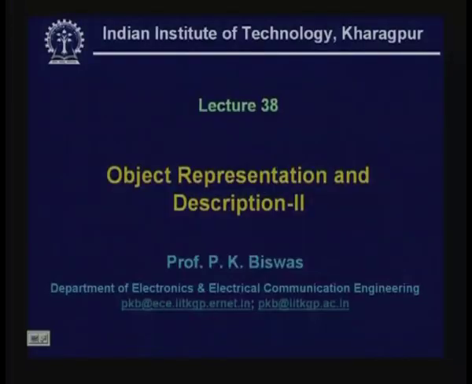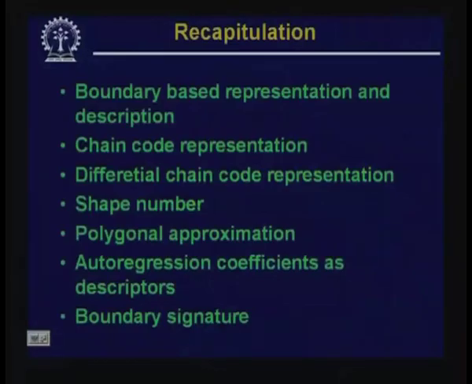So, it is an object X or object Y and so on. So, initially, in our last lecture, we have discussed some representation techniques which are boundary based representation, and accordingly we have found out some description from this boundary representation.